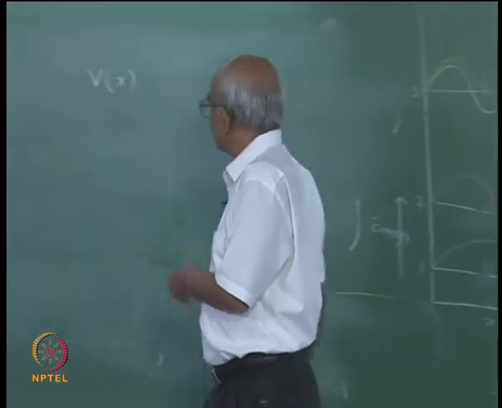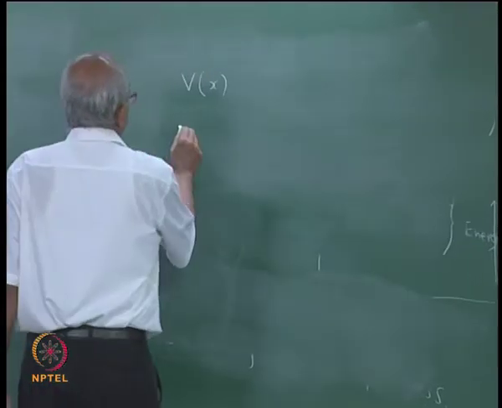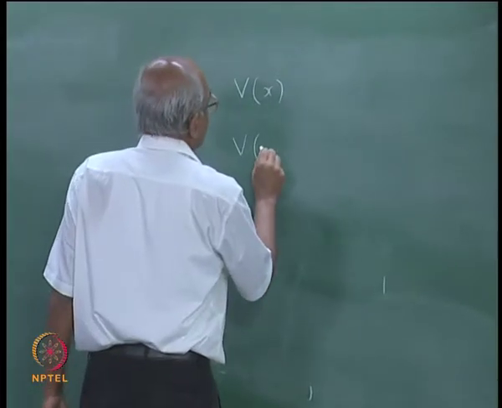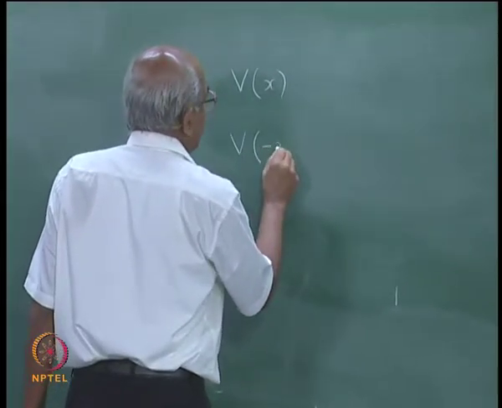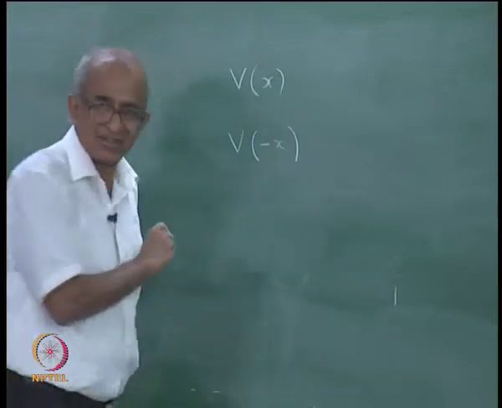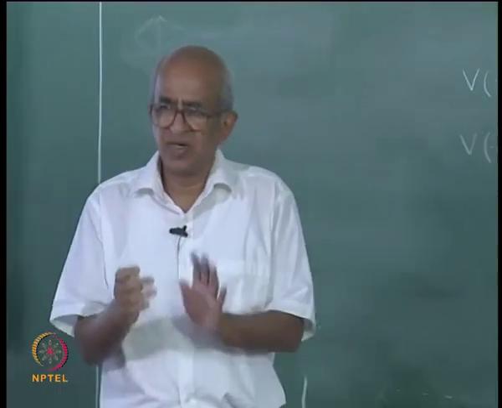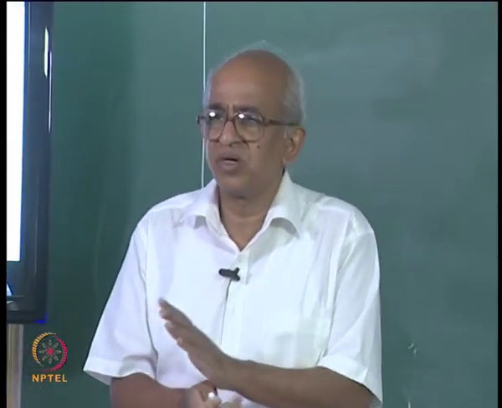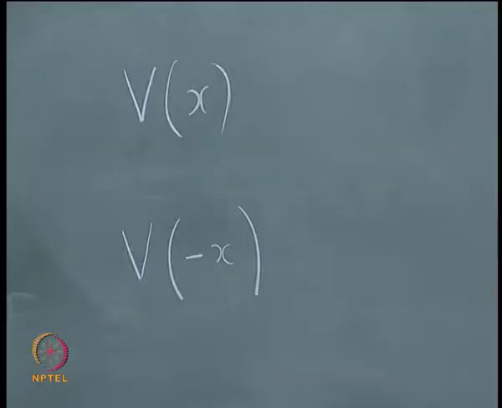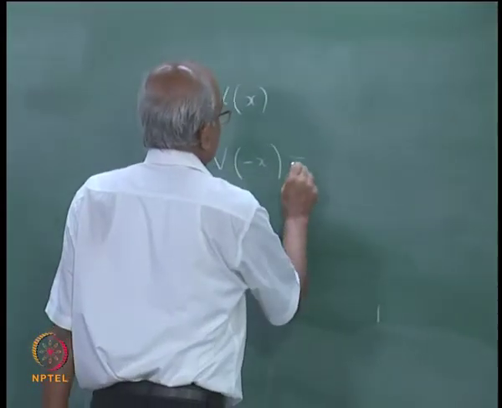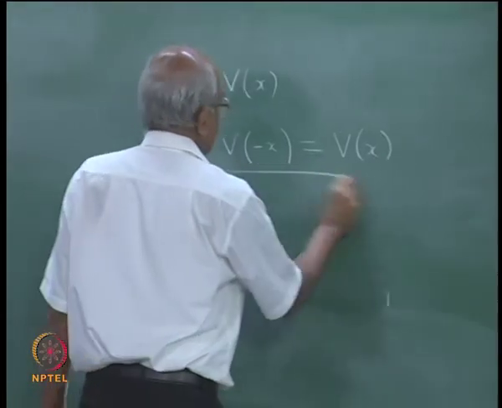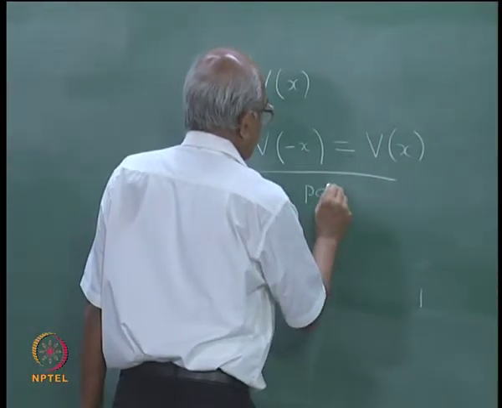So, for this problem potential energy is symmetric. How can I state that mathematically? If I evaluated the potential energy at minus x for any x, the answer will be equal to the potential energy evaluated at plus x. So, V of minus x will be equal to V of x. This means potential energy is a symmetric function of x.